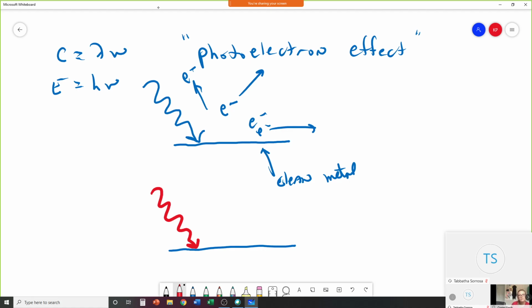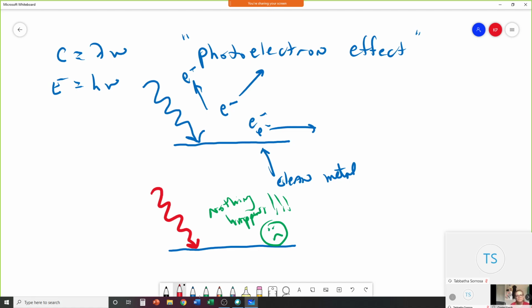Red light's less energetic, blue light's more energetic. And below a certain frequency, nothing happens. Nothing happens.